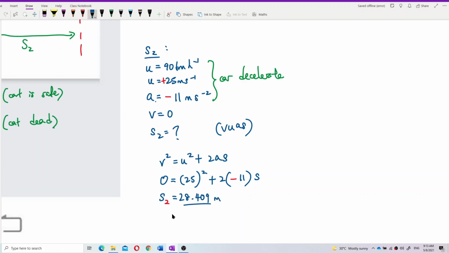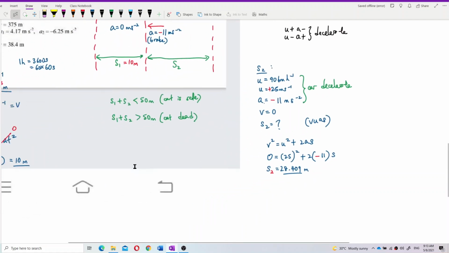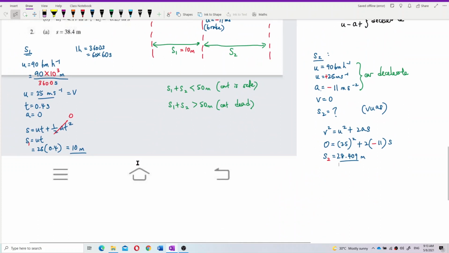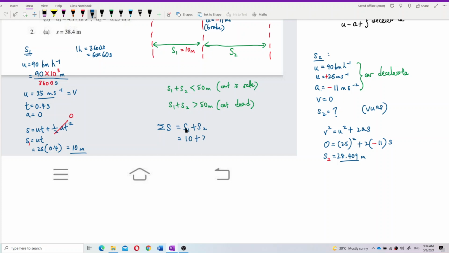So we need to total up S1 and S2. The total displacement is equal to S1 plus S2, which is 10 plus 28.409, which is 38.409. It is less than 50 meter.